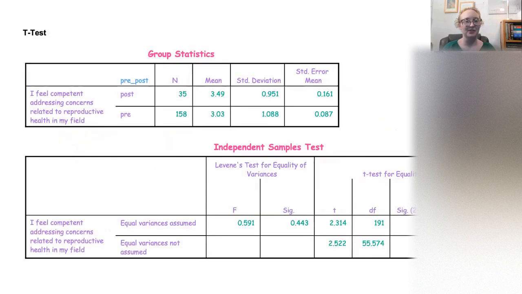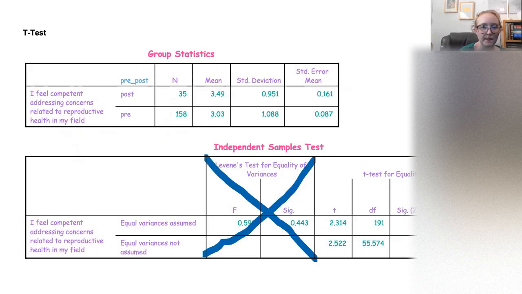And then, when you're on your output, first you'll see before each t-test what we just looked at, the group statistics. And then you see the t-test, and I'm going to walk you through how you get each number and how you report it.